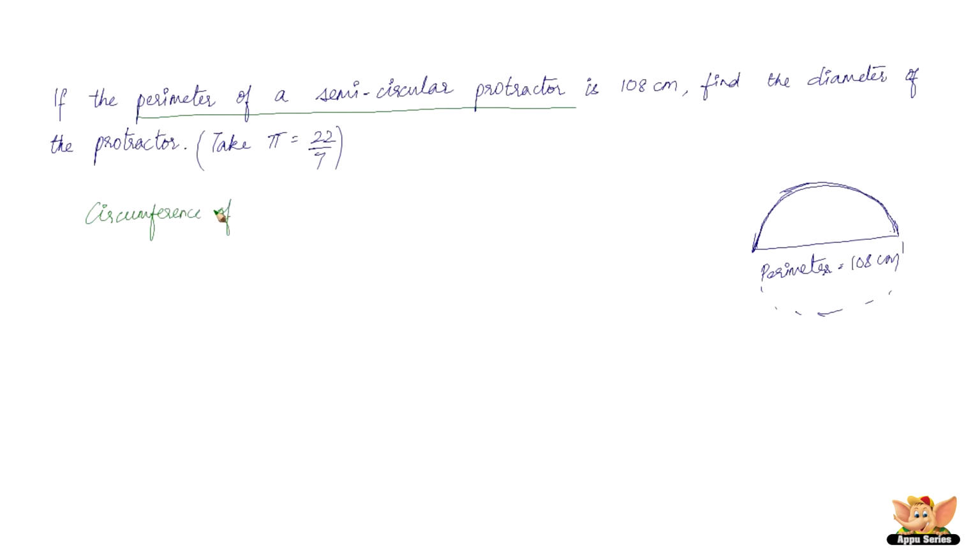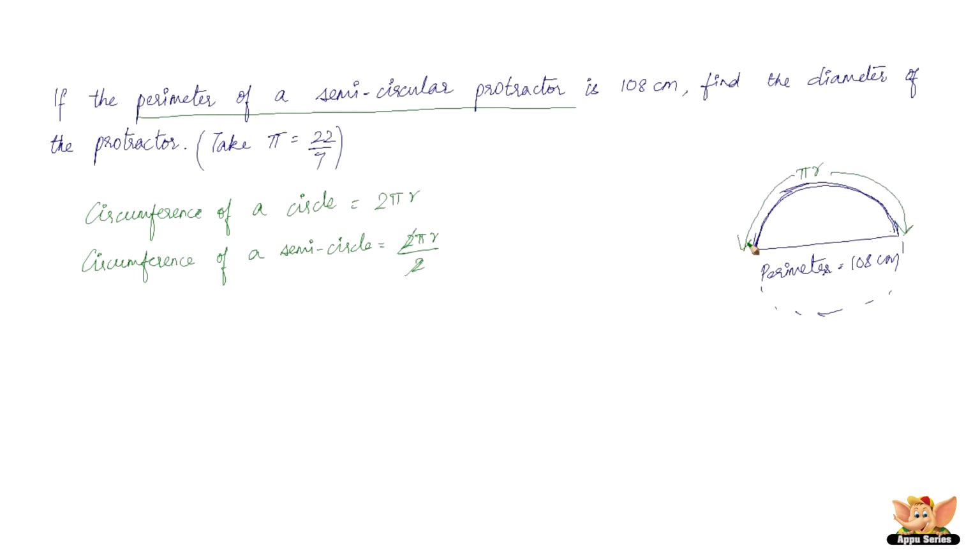The circumference of a full circle is given by 2 pi r. What about the circumference of a semicircle, as we've got here? That is nothing but 2 pi r by 2, just half times 2 pi r, which is pi r, right?